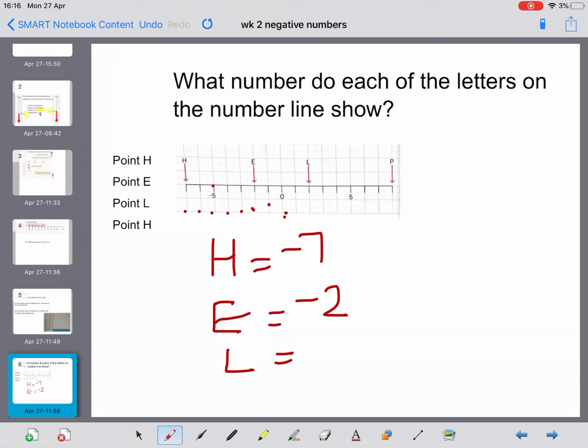L, I don't know why it says help. I don't know why they've chosen such random letters, but I can see now it says help. So L, that's easy, that's just on 2, and P is on 5 there, 6, 7, 8. So hopefully you got all those.